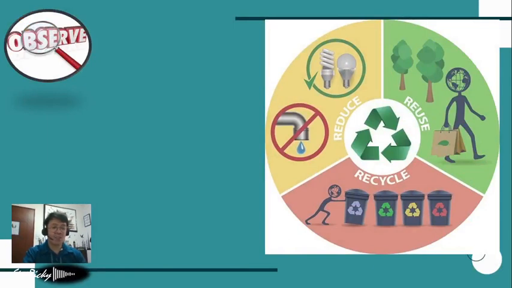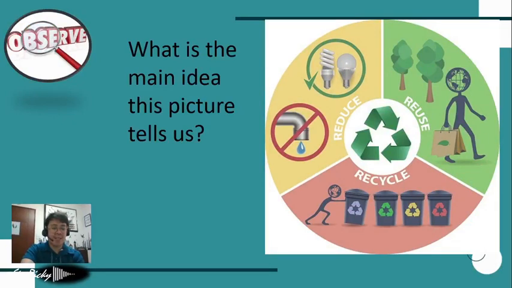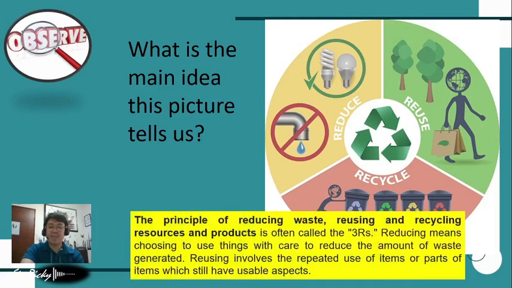Now, let's try to observe this image. What is the main idea this picture tells us? Yes, this is the principle of reducing waste, reusing, and recycling resources and products, which is often called the 3Rs.